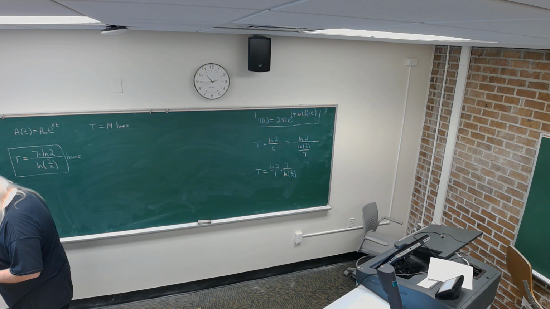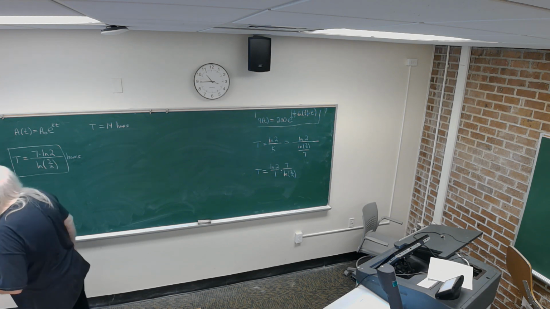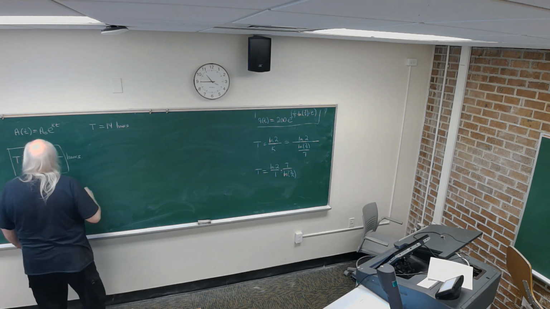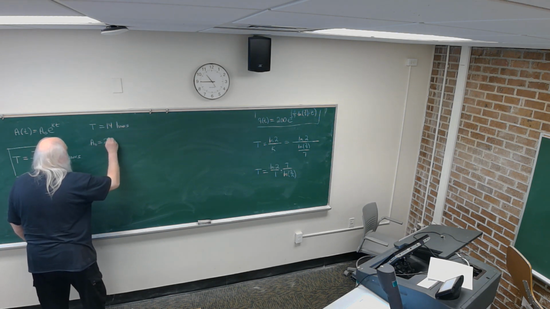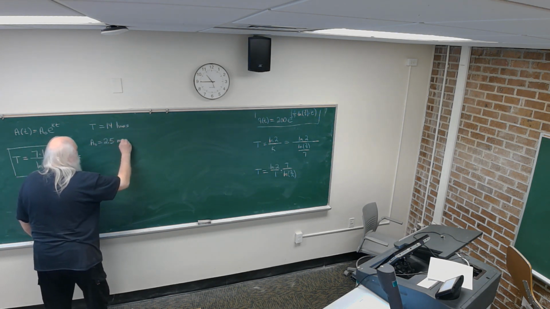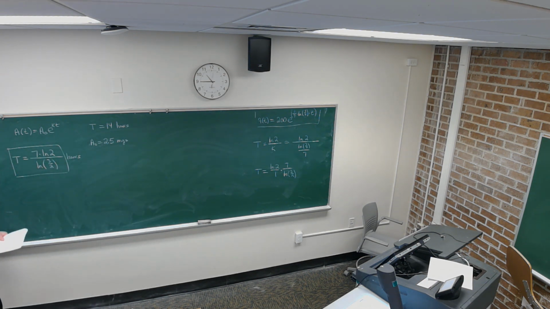How much of a 2.5 milligram tablet is in a patient's body 2 hours after the dosage is taken? So we know the initial quantity of the drug is 2.5 milligrams, the size of the tablet.